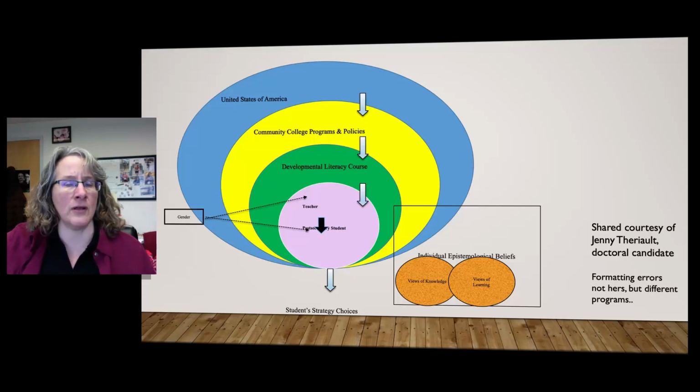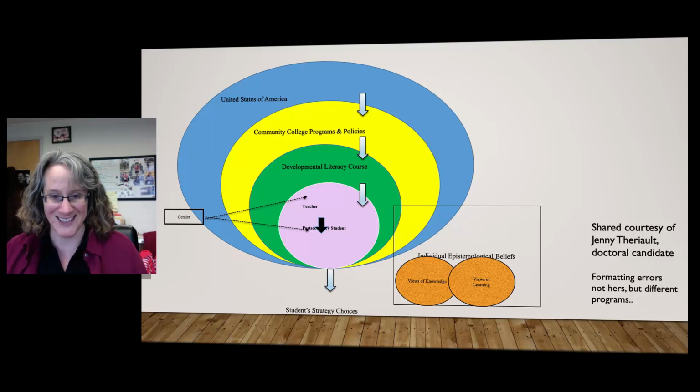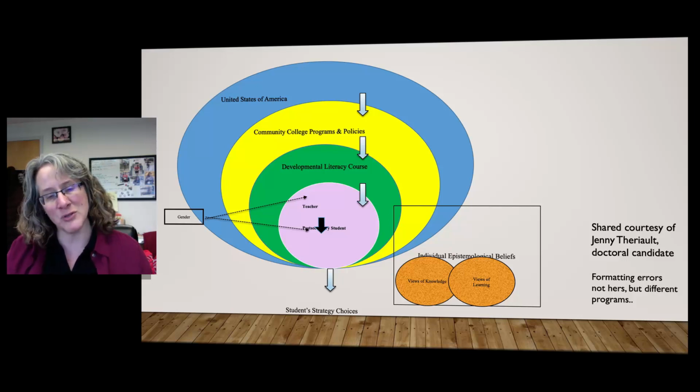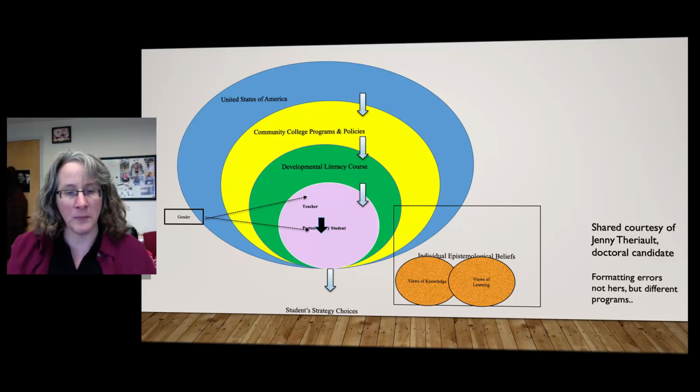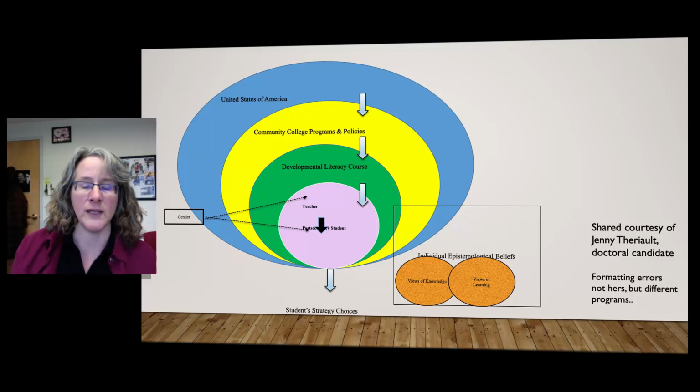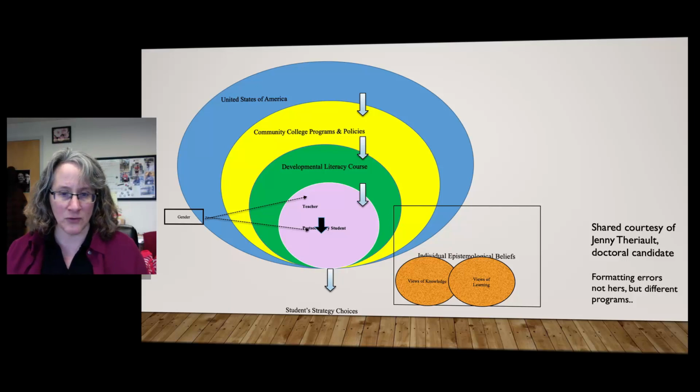This next one is from Jenny Theriault, a doctoral candidate in our program as of 2019. She was looking at Bronfenbrenner's nested framework for epistemological beliefs. I want to apologize, some of the formatting is not her issue. It was just an issue of transference from a Word document to a PowerPoint.